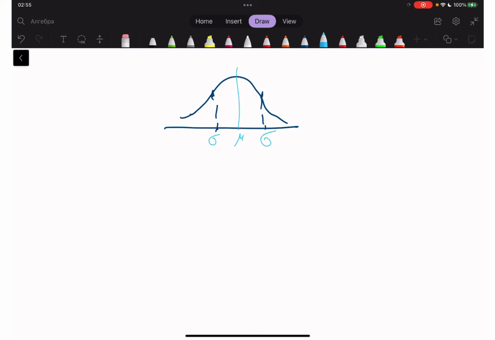The difference between the first sigma and mu, or this negative sigma and mu, is going to be our standard deviation.